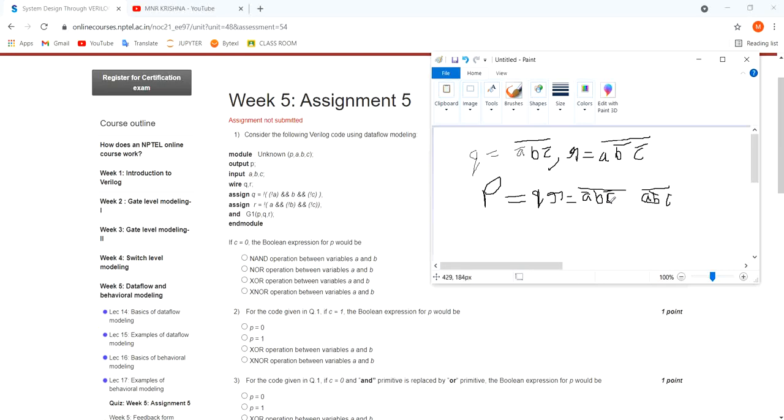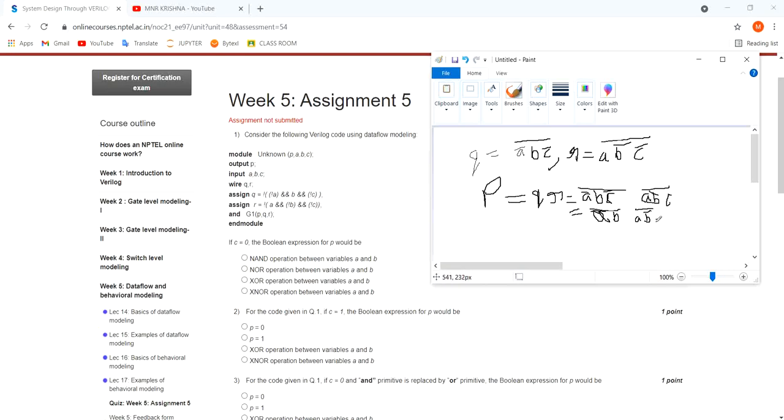The output of C bar is 1. In AND operation, 1 is neglected, so that's why we have only A bar B whole bar, A B bar whole bar.